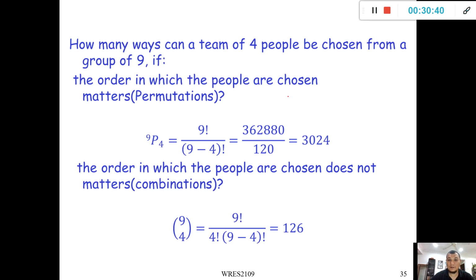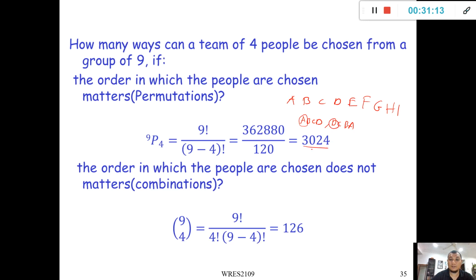Let's say you have A B C D E F G, numbered 1 to 9. You have four people. You can use A B C D or D C B A. Even though they are the same people, the order is important: in this one A is first and in this one D is first.